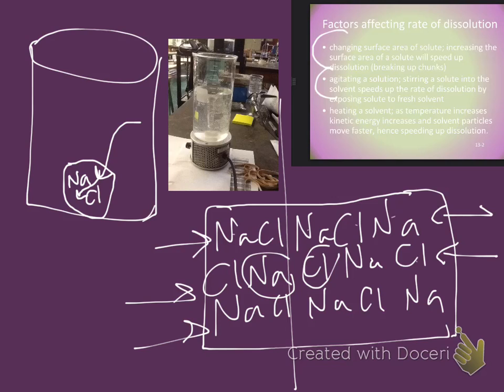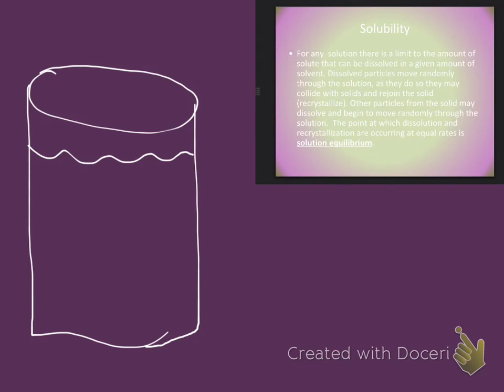So, stirring, heating, changing the surface area. Those are all good ways to speed up dissolution, but there are limits. So for any solution we can think of, there are limits to how much solute we can get to dissolve. And that's usually listed in something like grams per liter as a measure of concentration. And it varies by temperature, because at a higher temperature, of course, you have increased solubility.